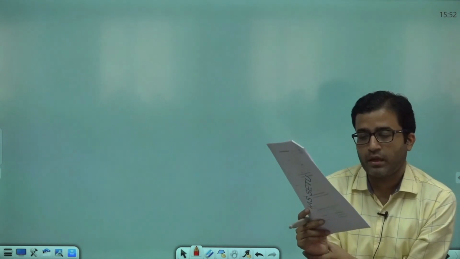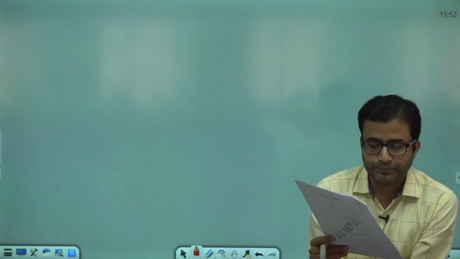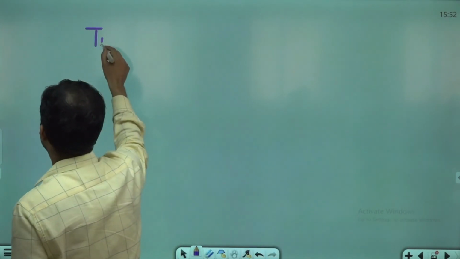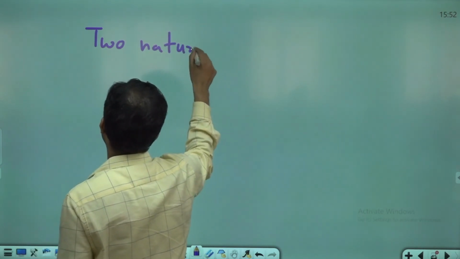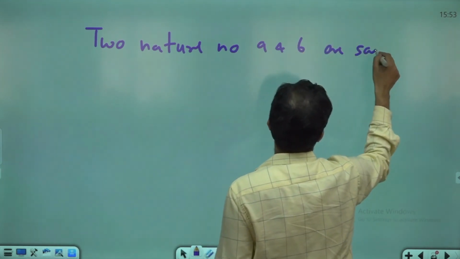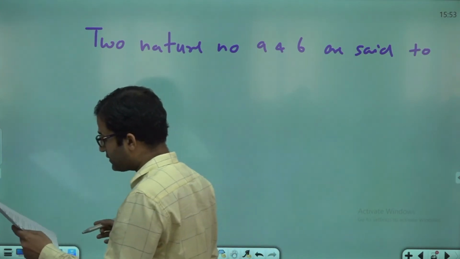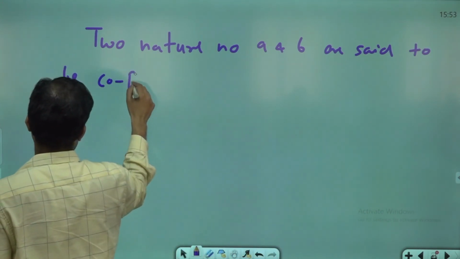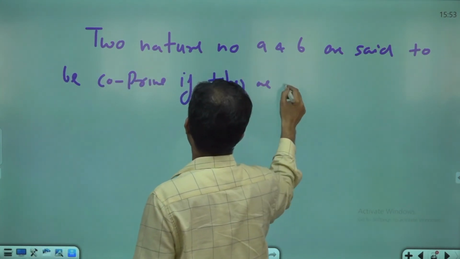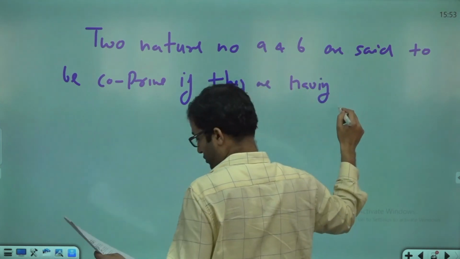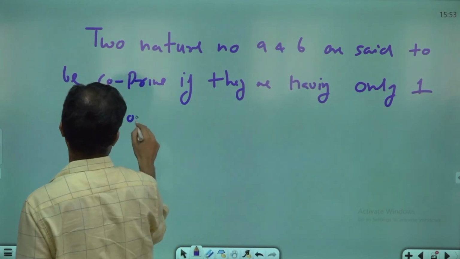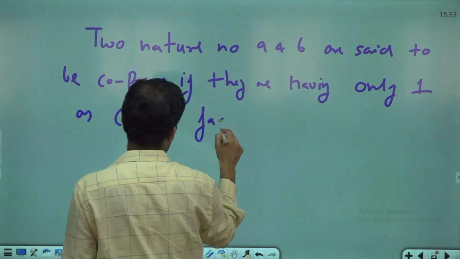इसमें लिखा हुआ है, two natural number, लिख देता हूं यहां पे, A and B are said to be co-prime if they are having only one as common factor.